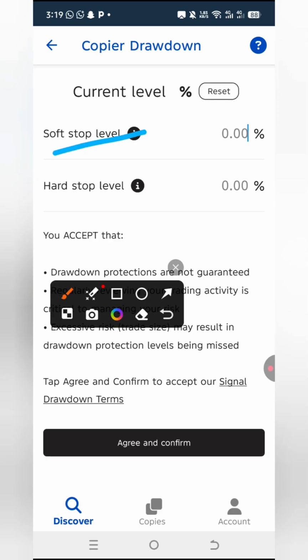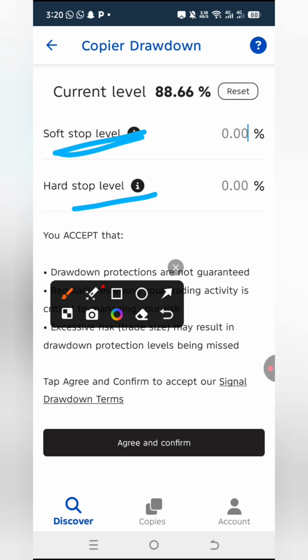Number 1, we have the soft, we have the hard. The soft simply means when it gets to that soft, it will accept the loss, but if Lexo trades again that day, it will start trading. But if it is hard, so far it is hard, that means you have met the loss.